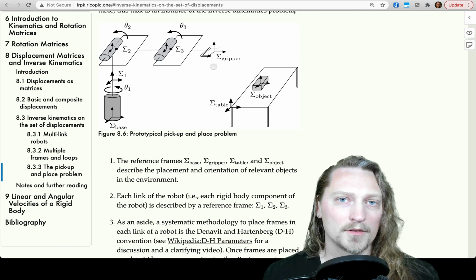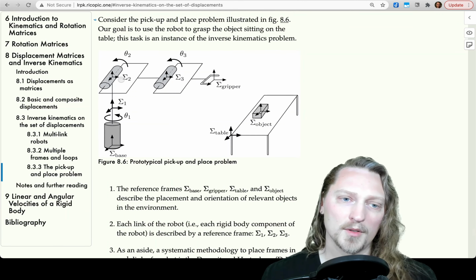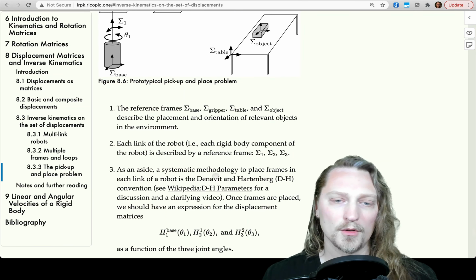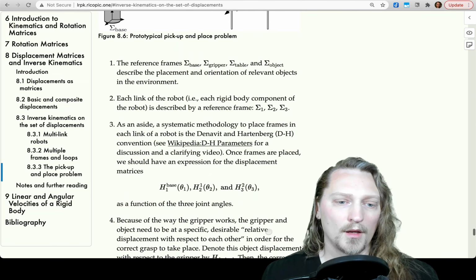Okay. H2 1 is sigma 2 relative to sigma 1, and similarly H3 2 is sigma 3 relative to sigma 2. So these are each a function of the joint angle associated with that body.